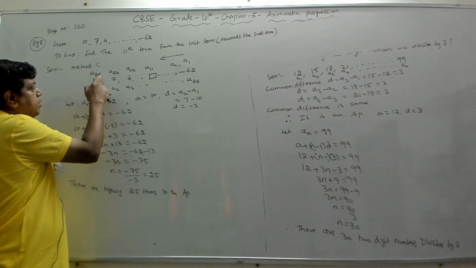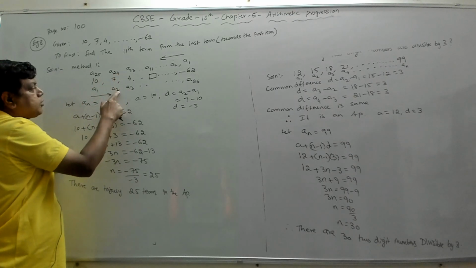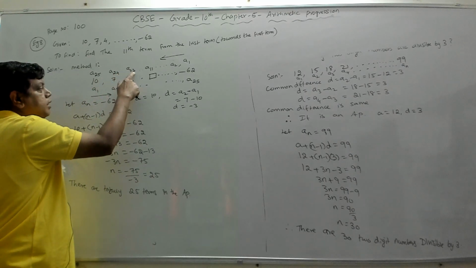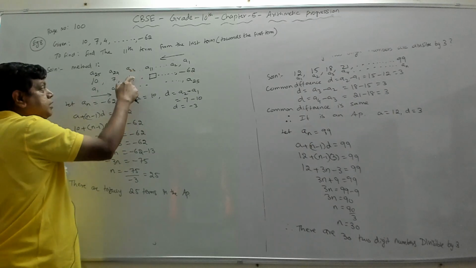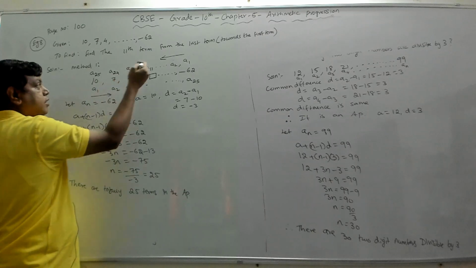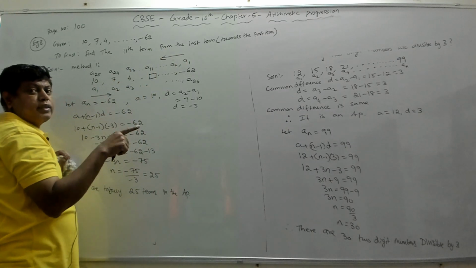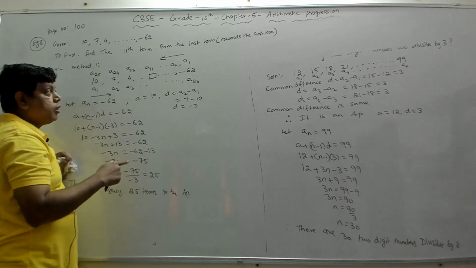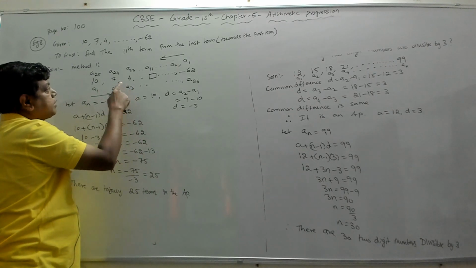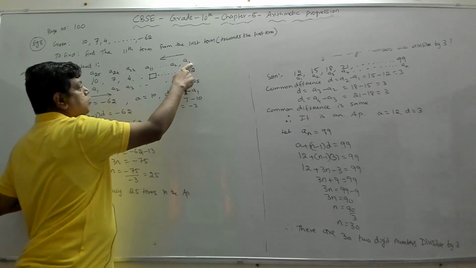You add the numbers which are suffixed to A. 25 plus 1 is 26. 24 plus 2 is also 26. 23 plus 3 is also 26. So if you add the position in the normal direction and the reverse direction, we always get 26.